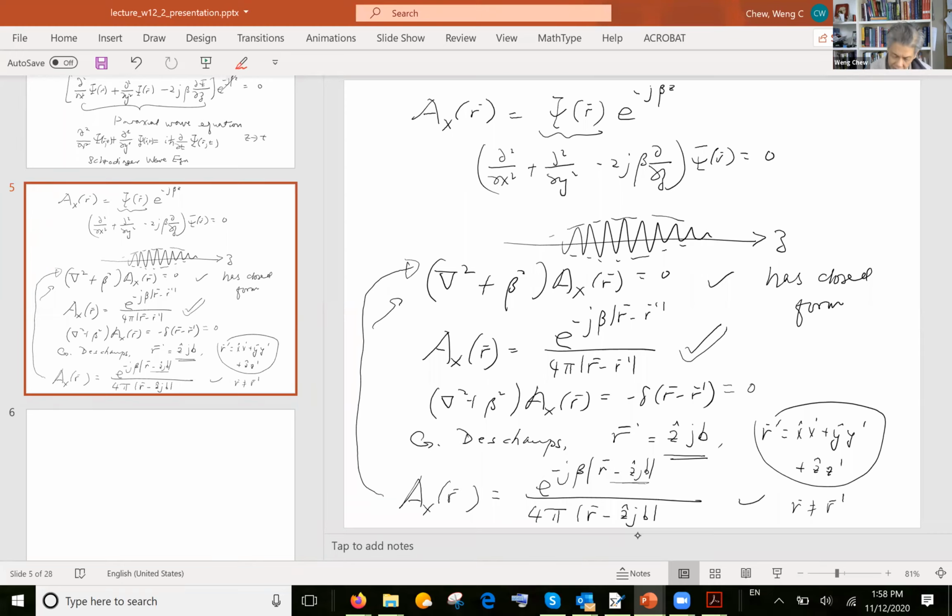When we plug this back into this equation, whenever r and r prime are not equal to each other, I should set the right-hand side to zero, and then we'll have the homogeneous Helmholtz wave equation to satisfy. And hence this expression that I have fictitiously created, by Professor Deschamps, would always satisfy the homogeneous Helmholtz wave equation. Can everybody catch that?